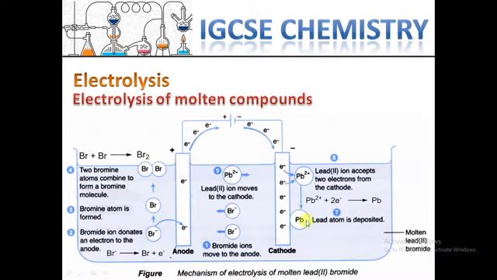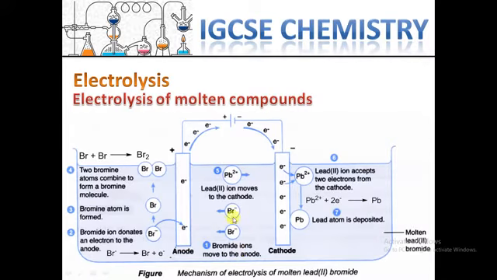If you look at this picture, for example, we have one molten compound, something like lead bromide. When we have lead bromide dissolving, the two parts of this compound can be separated. One is a lead ion and another one is a bromide ion.